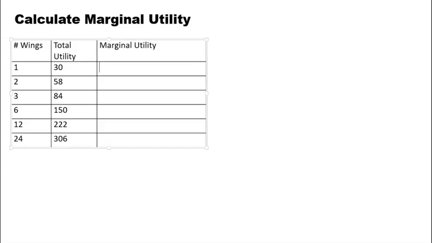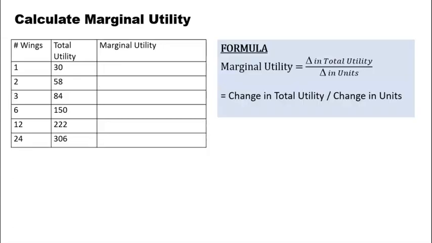So remember that for the first one, we do nothing, because we have 0 to compare it to. Then the first thing from there is to figure out what our formula is, and of course, it's the same formula that we were working with in the prior example. So let's start calculating here.